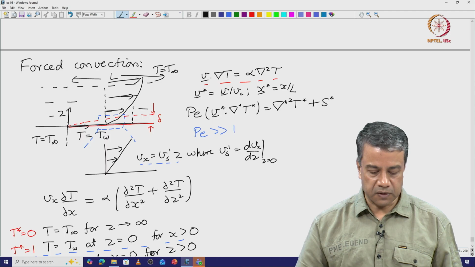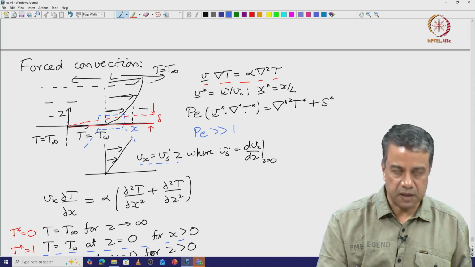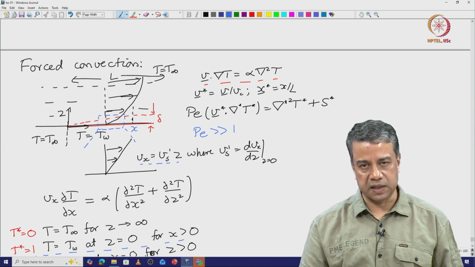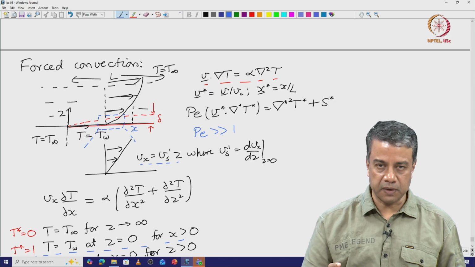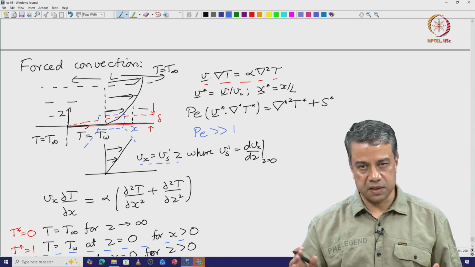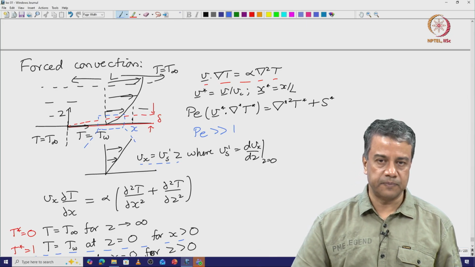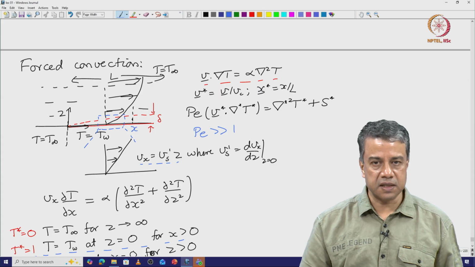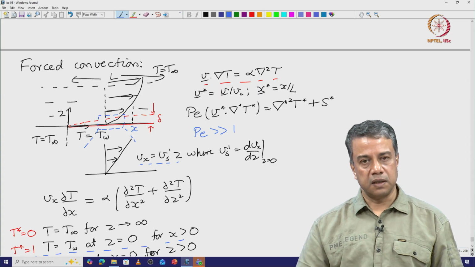Therefore, the boundary layer thickness at a given downstream location x can depend only upon x, not on the total length L, because the end of the plate is downstream. This location x that is upstream cannot be affected by the total length.